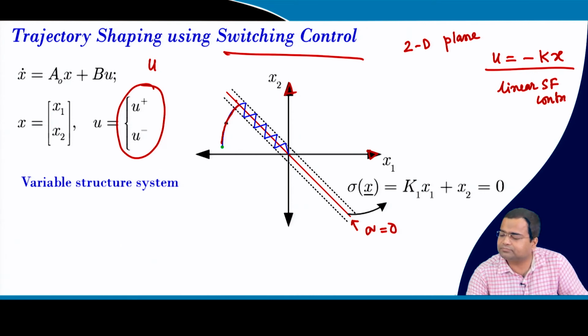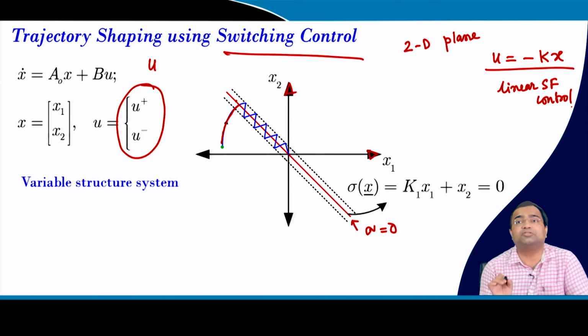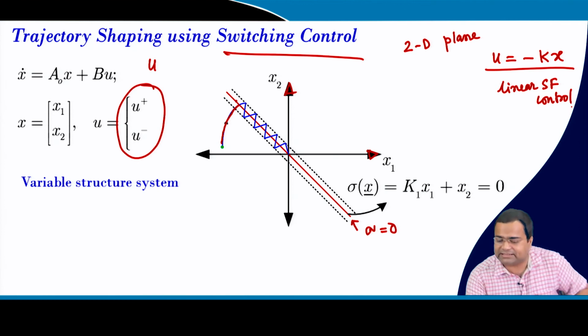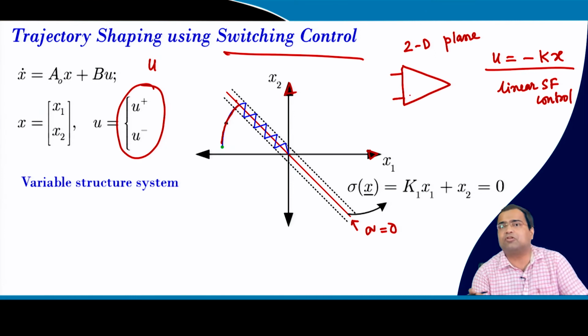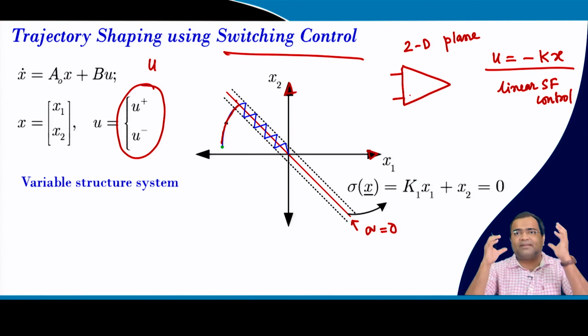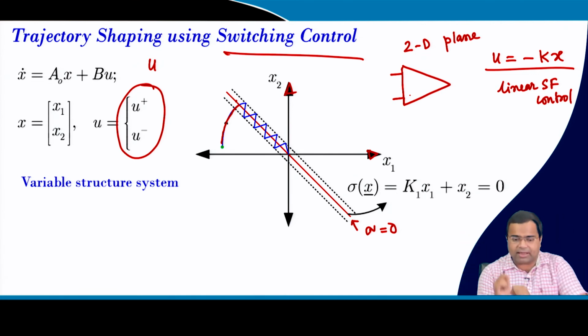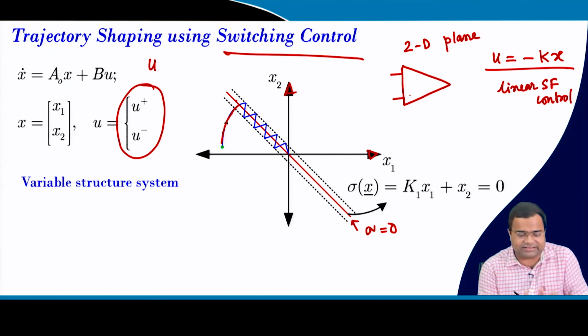But in switching control the control input takes either plus or minus. As if you can differentiate: suppose you are using an op amp, in linear control the op amp is used like a linear amplifier, and in switching control the op amp is acting like a comparator. So, on off, it just takes between plus and minus. Okay. So, that is how we can differentiate.